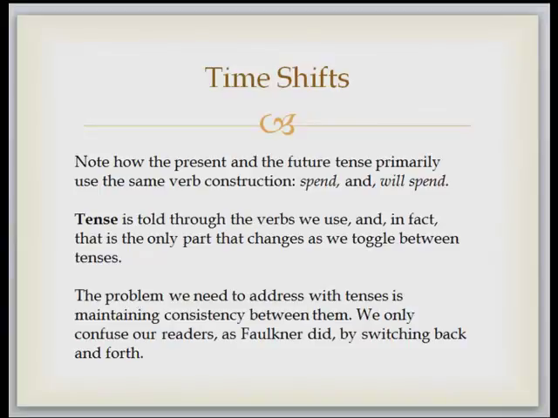So the problem we need to address with tense is maintaining consistency between them. We'll only confuse our readers, as Faulkner did, by switching back and forth. We don't want to confuse our readers. We want our ideas to land very wonderfully with people. The reason why we work on improving our grammar, our usage, our sentence structure, and all these things is not so people can go, oh, what a wonderful writer you are, I love your prose.